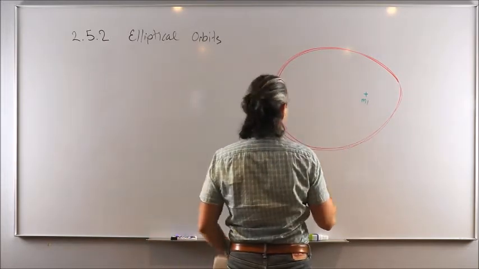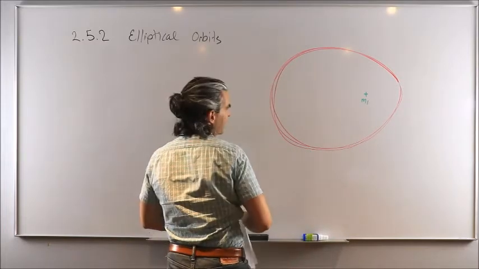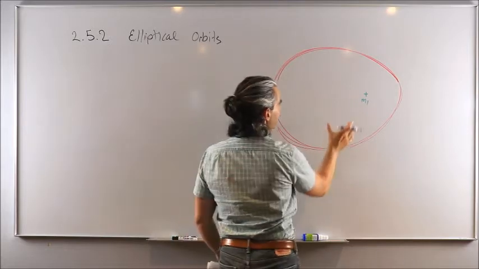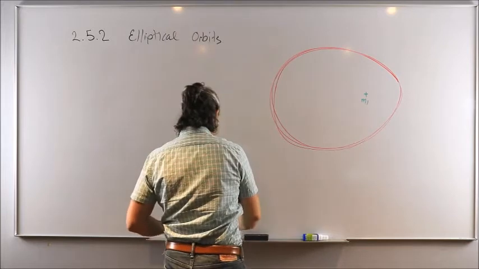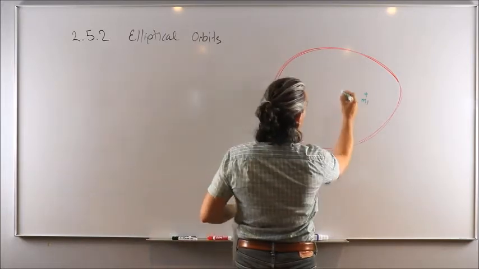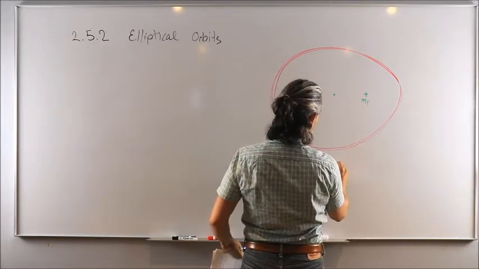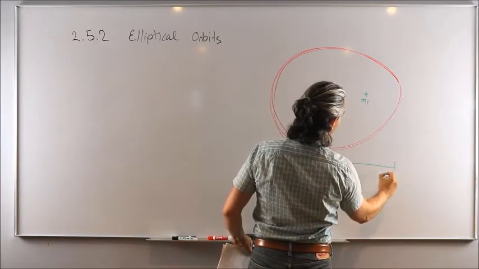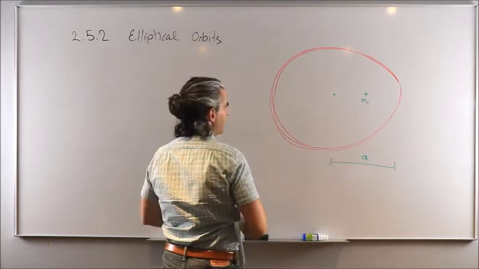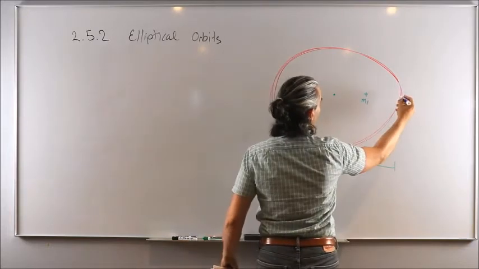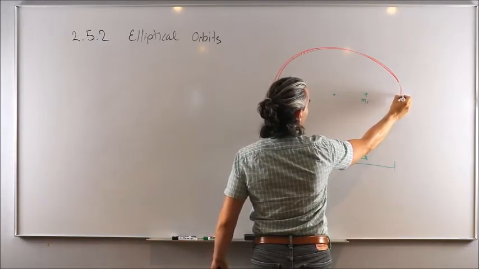And then what we'll be doing is that on top of the ellipse, we're going to draw a big circle that has a radius equal to the semi-major axis of the ellipse. In other words, if you were to locate the center of the ellipse right here and realize that this side here has a length of A, semi-major axis, that means that we're going to draw a big circle, the radius equal to semi-major axis.